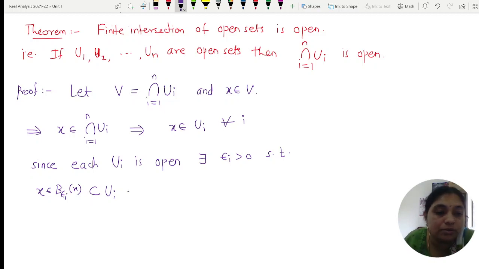Now can you give me one open ball which will be contained in the intersection of the Ui's? I am having different radii. Suppose this is my x.